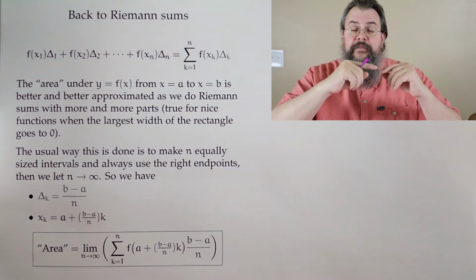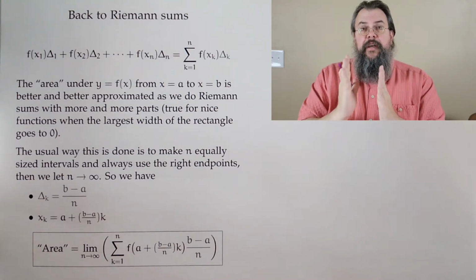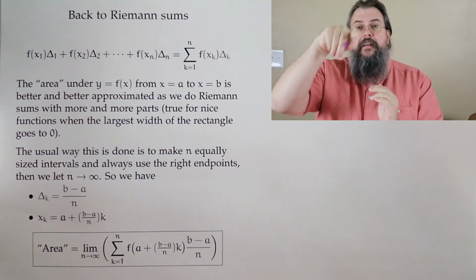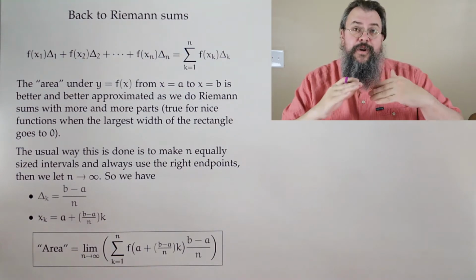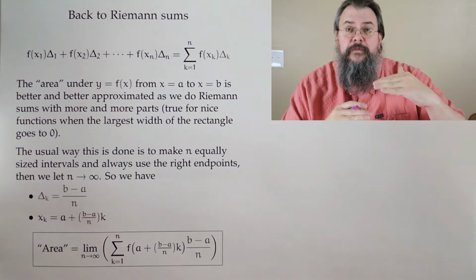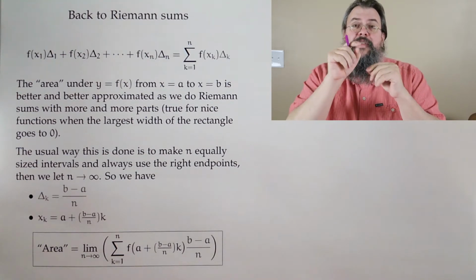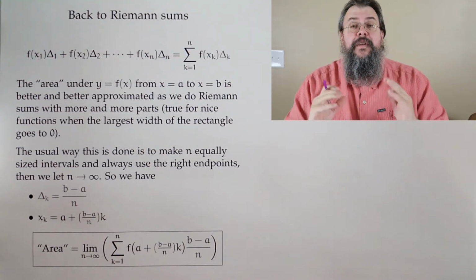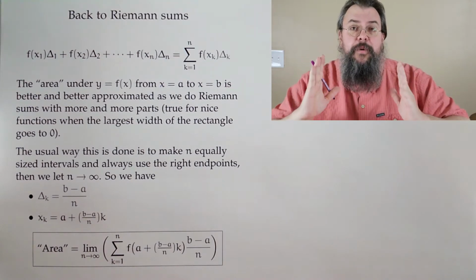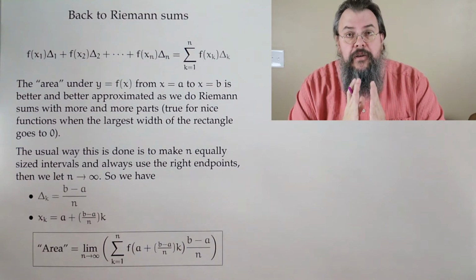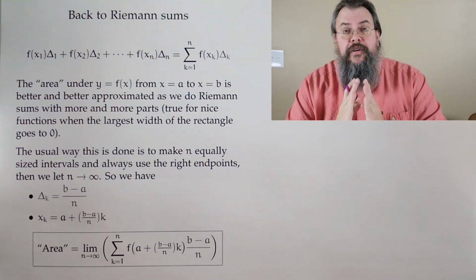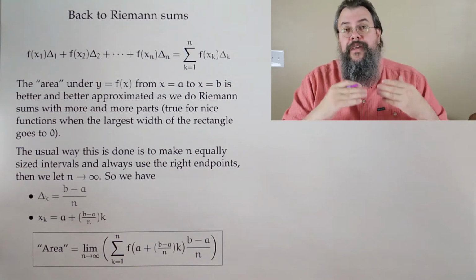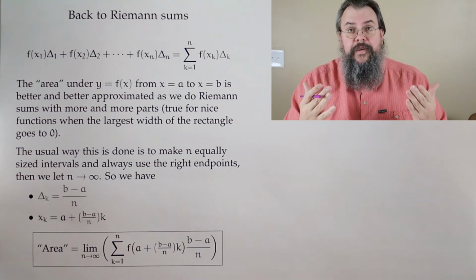If I have my a sub i minus 1 to a sub i, and the height can vary upstairs, well, the approximation will be off significantly. But if the height can just barely change at all, great approximation. So what we really want is the widths to be small, going to 0. Well, if each individual rectangle has a small width, it means there have to be a lot of rectangles.